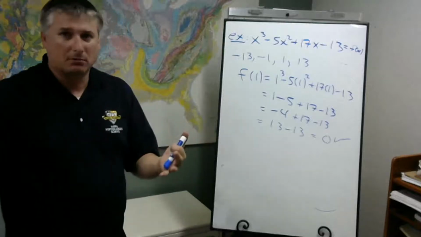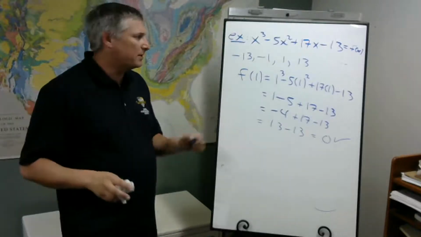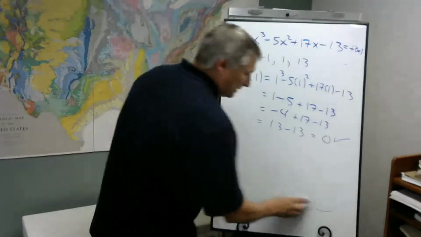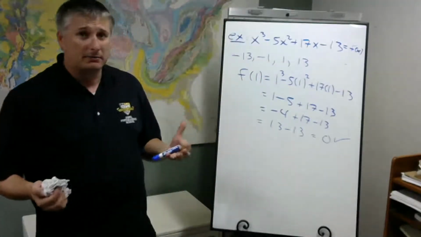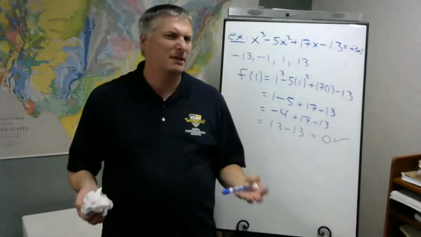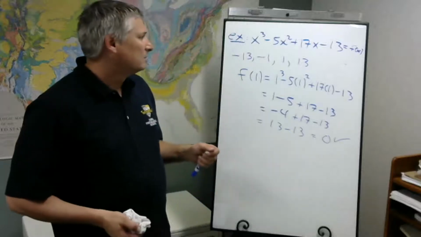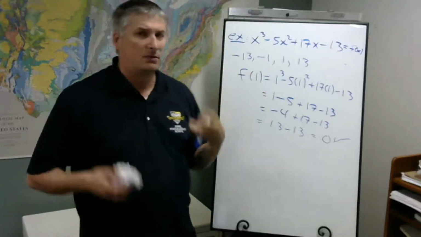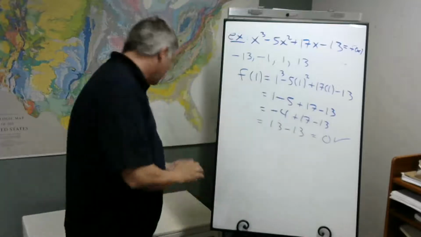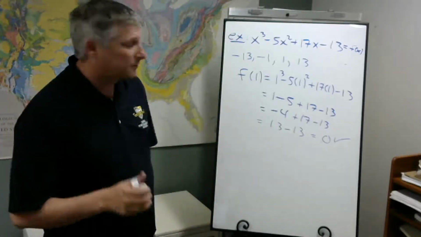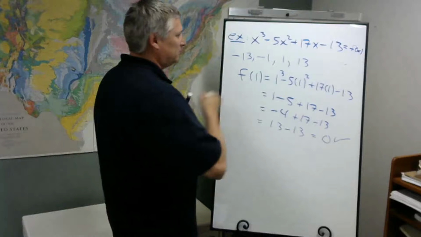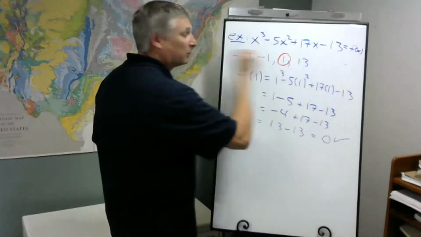Now, maybe there's others though. Maybe we should check. Just want to show you that this is the only one that works. Because let's say we didn't know that, because again, that was some knowledge we had at the beginning of the problem. So let's make sure these others aren't also going to give us zeros. So we do know now that 1 works. We'll keep that one.